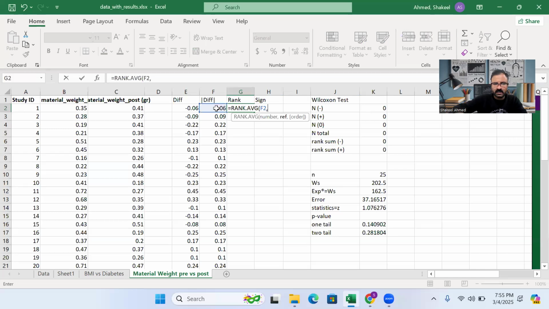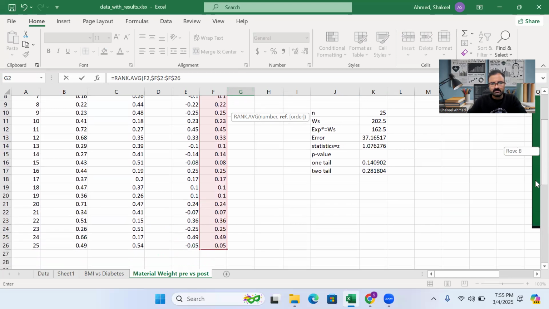and then this is the value, and we are ranking in the range. We are just using the dollar sign to fix the value to the two ranges, F2 and then F. I think we have 25 observations, then it should be 26.